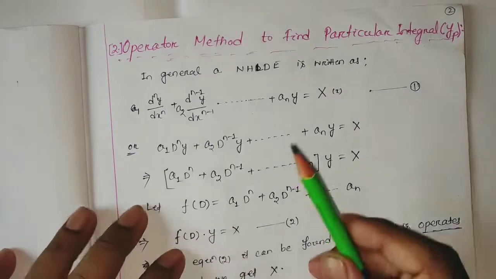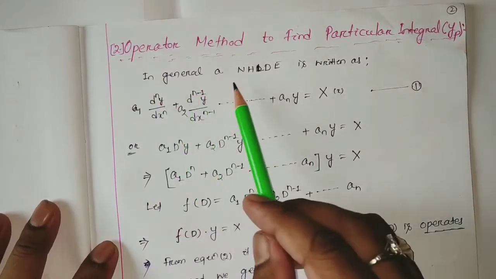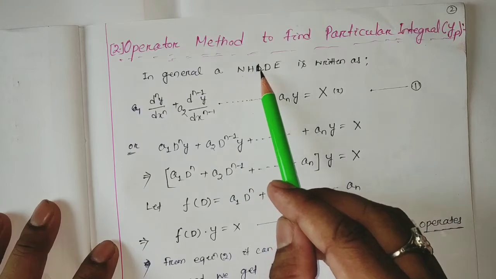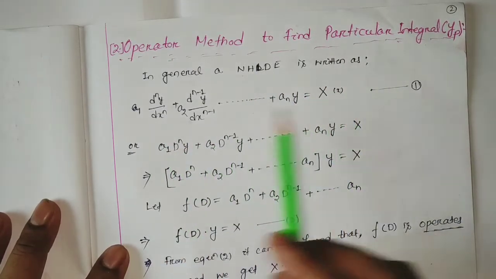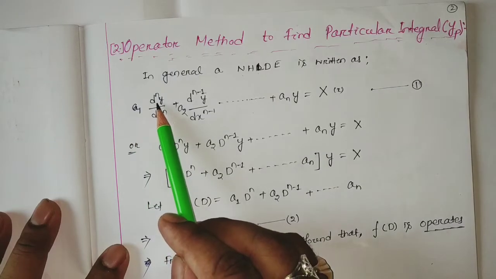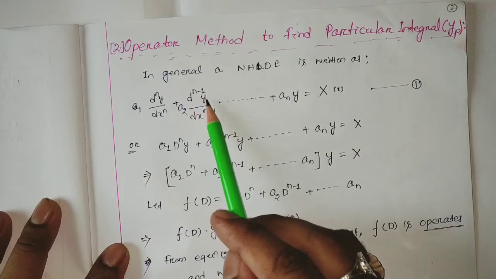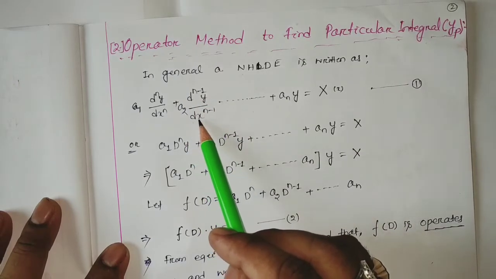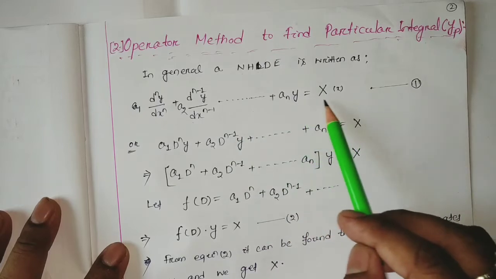So as we know, in general a non-homogeneous linear differential equation is written in this format: a1 d^n y by dx^n plus a2 d^(n-1) y by dx^(n-1) and so on, plus an y equal to a function of x.